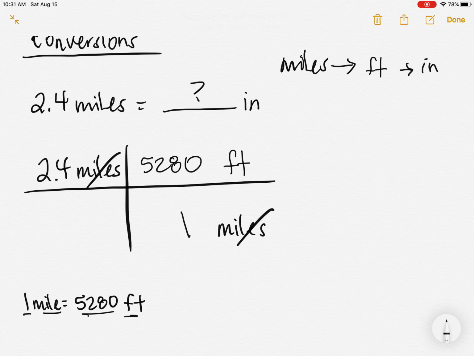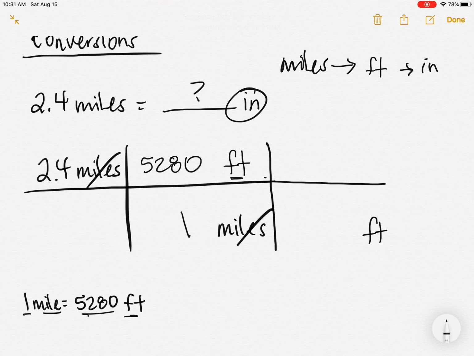Now, if I calculated this problem right now, and I was going to be done, my answer would be in feet because that's the unit that remains. And while that's okay, it's not the answer to my finished problem because, of course, we wanted it in inches. So I'm just going to keep going. I'm going to continue my crossbar and just extend this problem. So now I'm looking to get rid of feet.